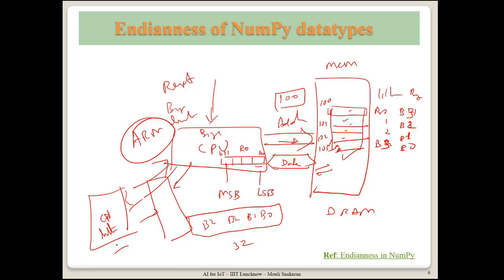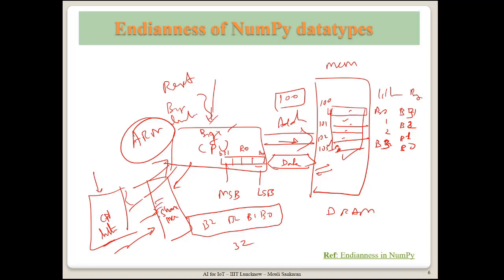Assume that this CPU is a little endian and it is writing into the memory. This CPU is operating in big endian mode, but assume that it is configurable, either big endian or little endian, whereas this one is only little endian.